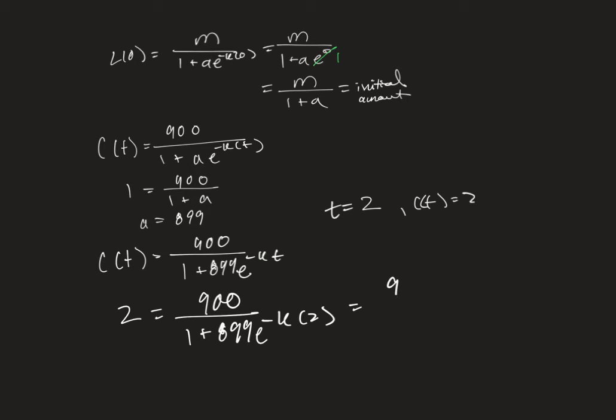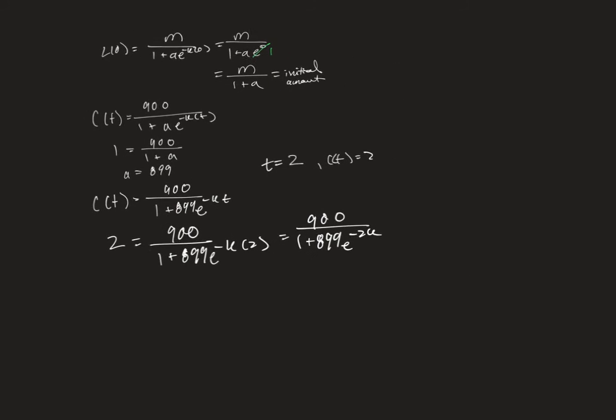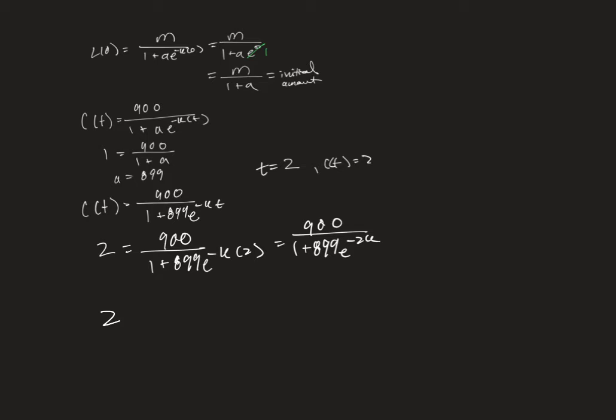Now we can start to solve. Multiply this denominator by 2 to get it on the other side. So I'll have 2 times 1 plus 899 e to the negative 2k equals 900.